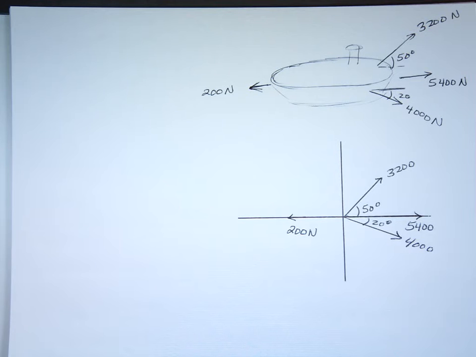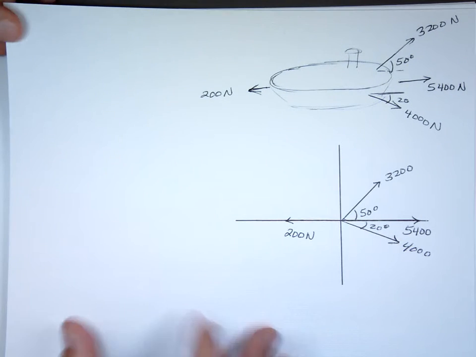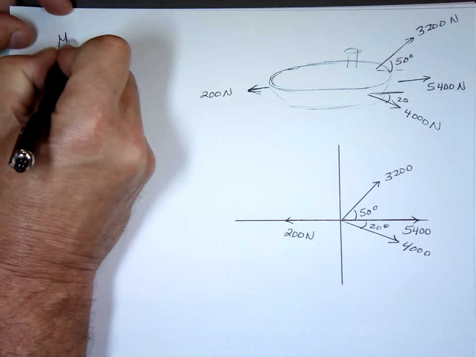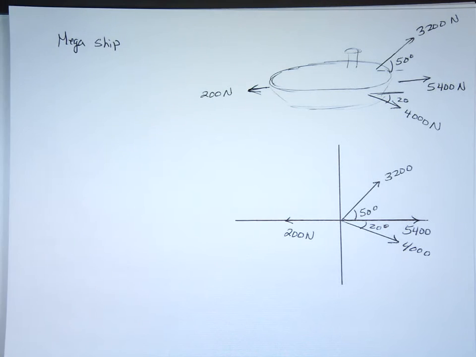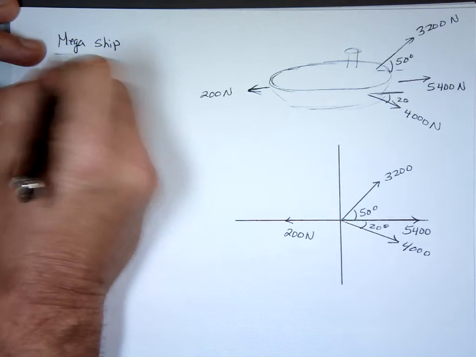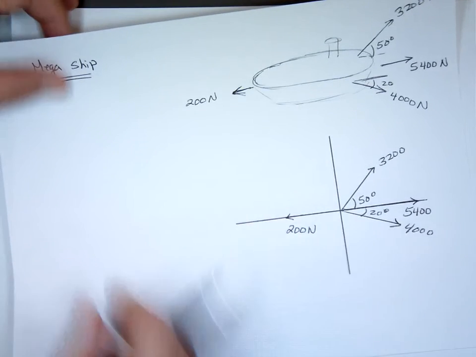And when I go to add them, I'm going to make my own table. So this is a mega ship. Mega ship problem. And we have 4 tugboats pulling on it. So I'm going to add these 4 forces here.